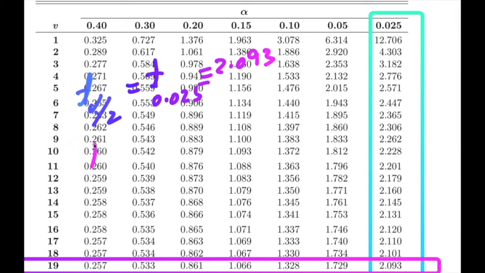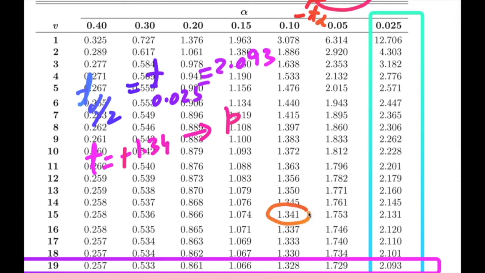Now for t minus 1.34, what is the value of p? Because it is a symmetrical distribution, both sides the value will be minus t alpha. So what is the p value for 1.34? If we see, 1.341 is over here, but this is for 15, so it is not applicable. We have to see for degrees of freedom of 19. So 1.34 will be somewhere between these 2 points.